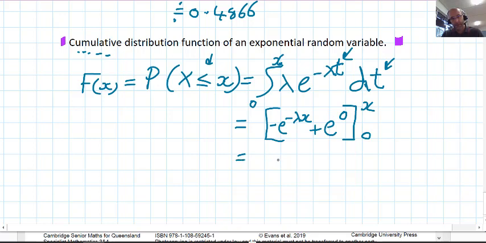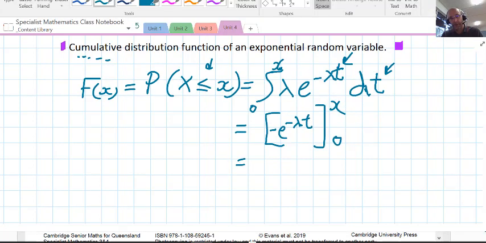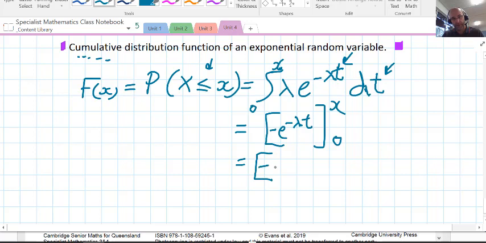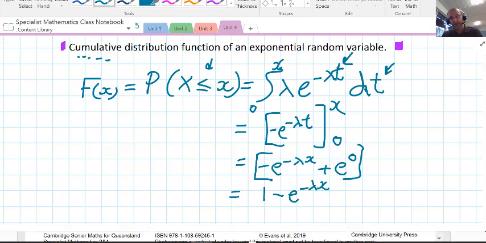Sorry, getting ahead of myself. Now we apply the limits. I was combining two steps in one, that's a big no-no. And now we make the substitution. So we've basically got e to the 0 here. Anything to the power 0 is 1. So we've basically got 1 minus e to the negative lambda x.